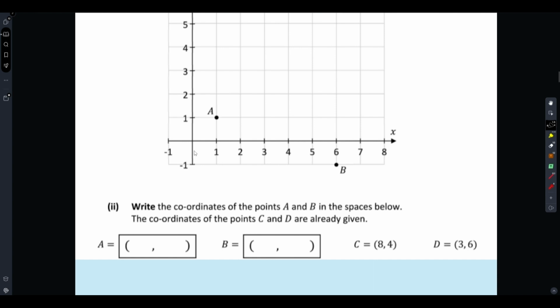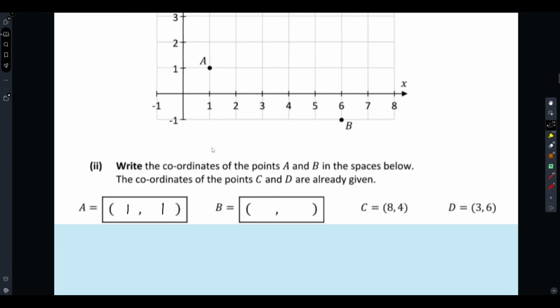We're 1 across horizontally, so X is 1, and we're 1 up vertically, so it's 1, 1. What about B then? We are 6 across horizontally, so we always do the horizontal one first, so X is equal to 6, and then we're 1 down vertically, so it's minus 1, so 6, minus 1, okay?